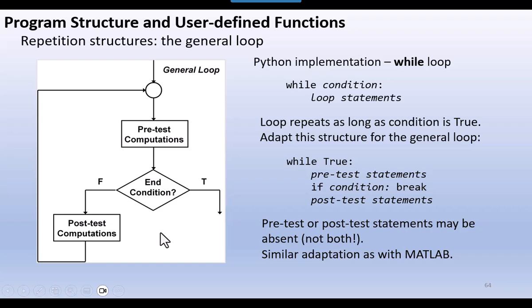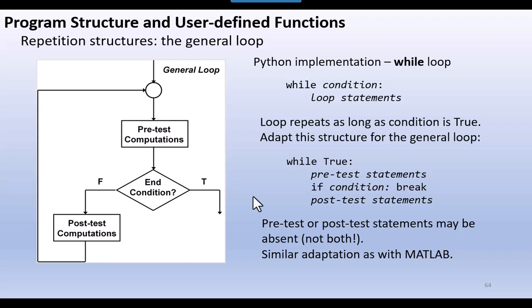So the syntax for this is a little bit awkward in Python, but it's similarly awkward in MATLAB because they do not provide a convenient structure for the general loop, whereas VBA in Excel does with its do loop structure.